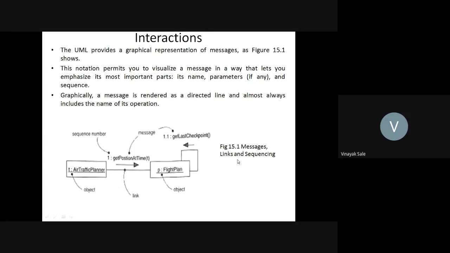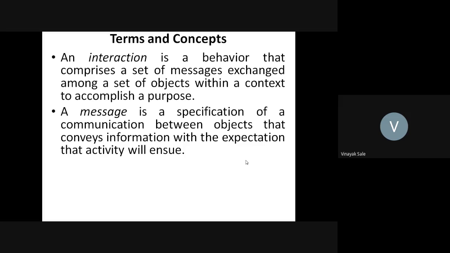So this is links and sequencing. Every object has a link from one object to another object for sending a message, and every message has a sequence number. So, what are the terms and concepts regarding interactions?